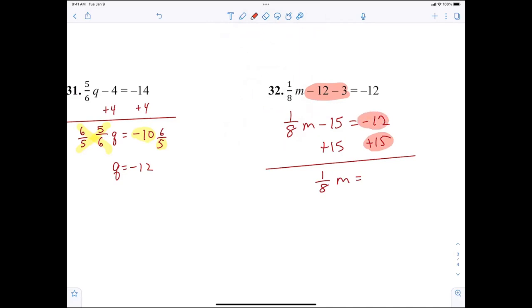Oh yeah, because 15 is bigger than 12. You with me? So that's why it's 3. And now what? And what's the reciprocal? It's the 8 over. Yes. So what is that?